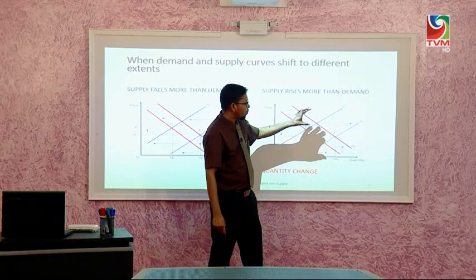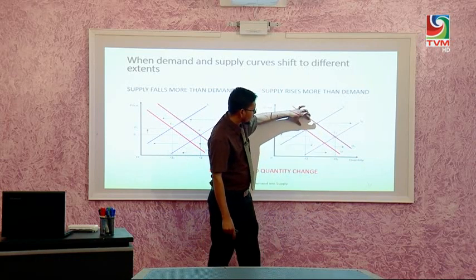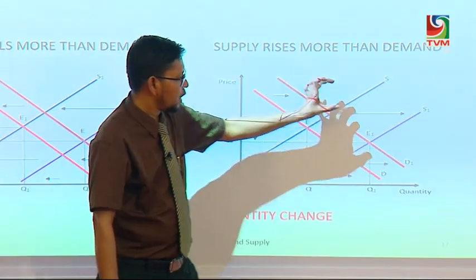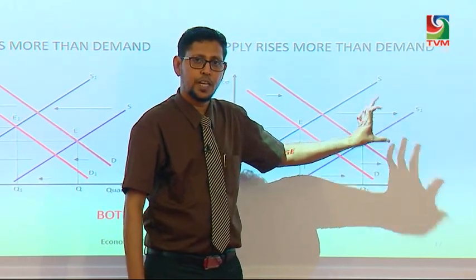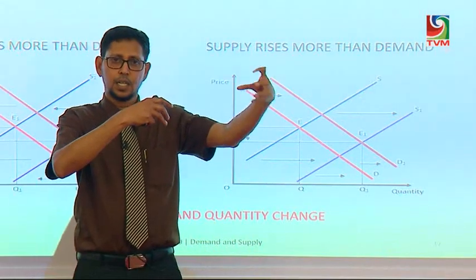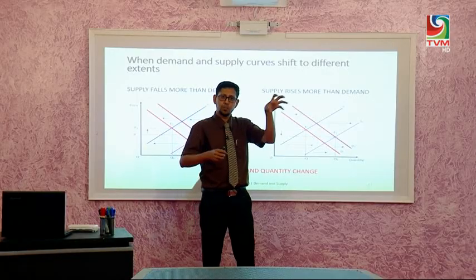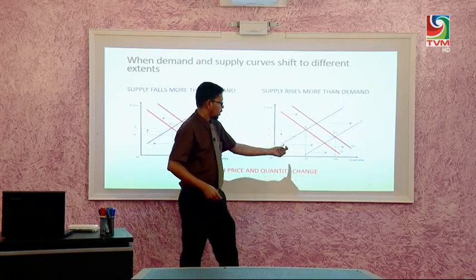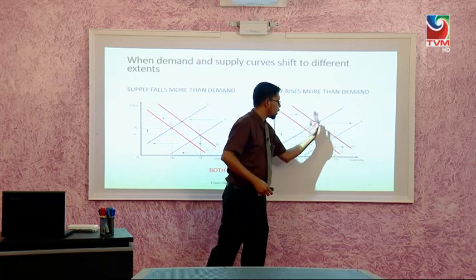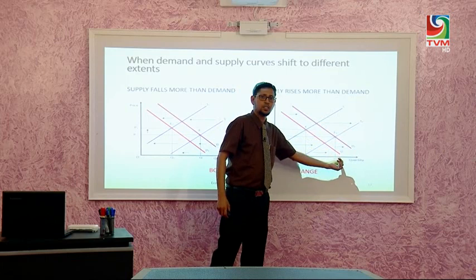But when the supply increases more, the shortage is smaller and the surplus is larger. So the bigger surplus will decrease the price. Because both curves move to right, quantity also will move to right.